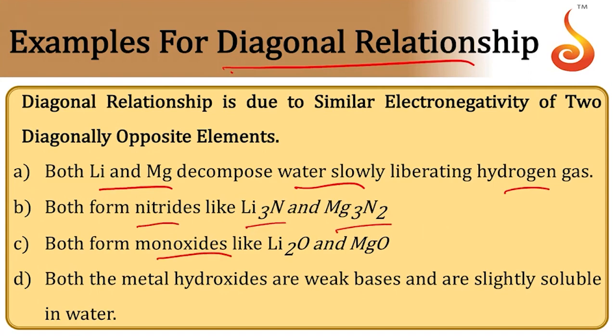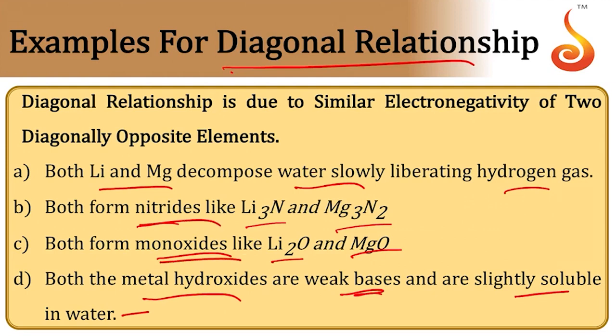Both form nitrides, lithium nitride and magnesium nitride. Both form normal oxides, lithium oxide and magnesium oxide. Both metal hydroxides are weak bases, and they are slightly soluble in water.